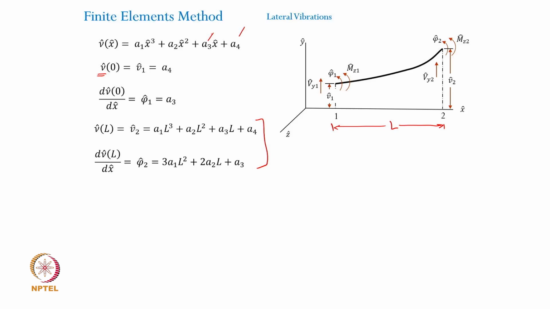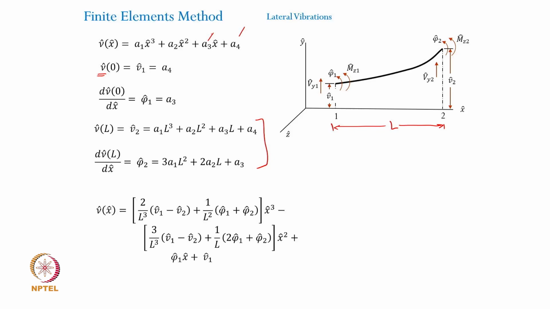Okay, so with these four conditions, you essentially express the entire interpolation function in terms of the nodal displacements and slopes. So v1 cap, v2 cap, phi 1 cap and phi 2 cap.